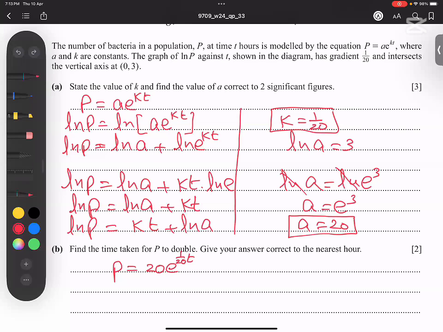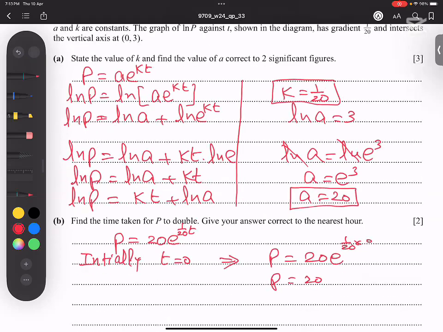I want to find any P value, but initially, when we check initially, when I plug in t equals 0, P is equal to 20 e to the power 1 by 20 times 0. This is 0, and something to the power 0 is 1. It means I got the initial value 20.